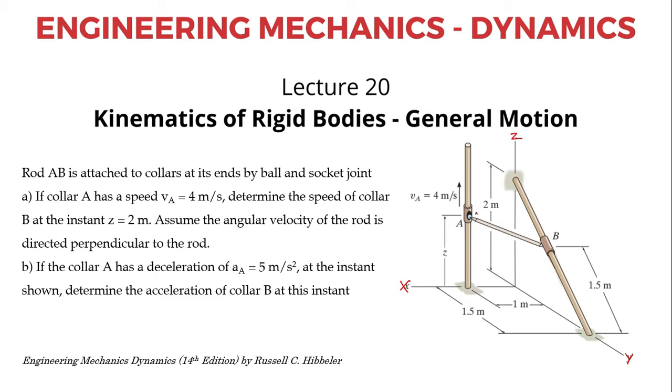So my secondary reference frame will be somewhat like this: x, y and z. Remember, this xyz is embedded within the rod AB and it will rotate based on the rotation of AB.